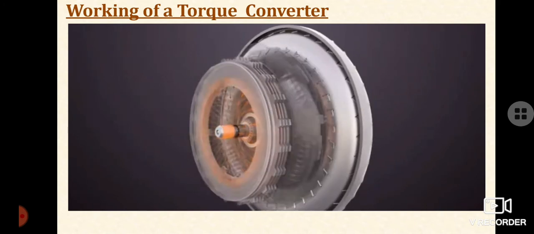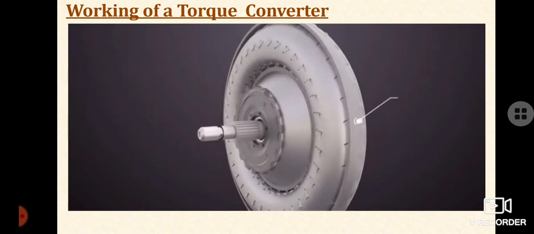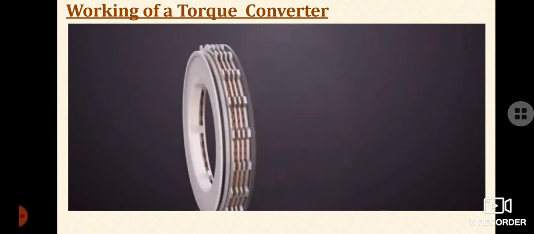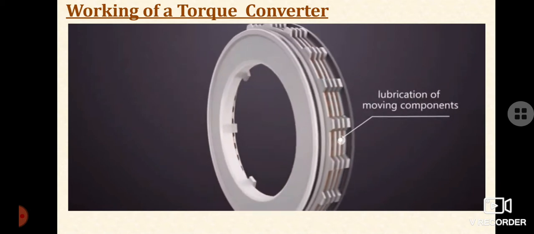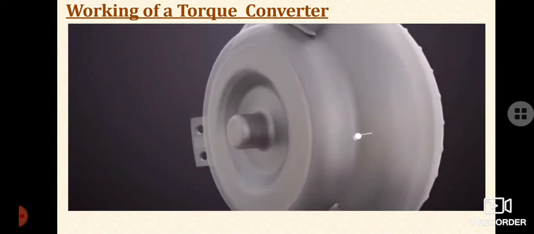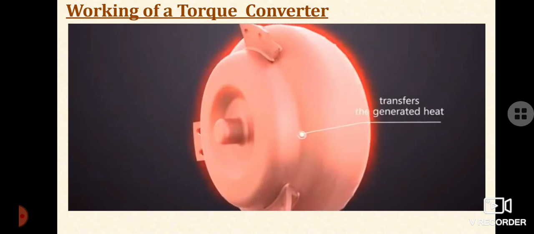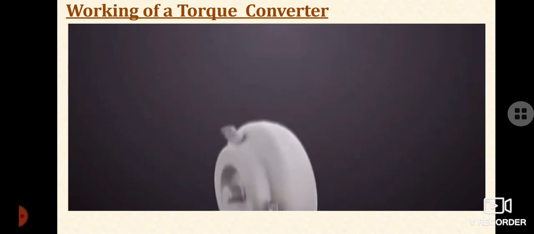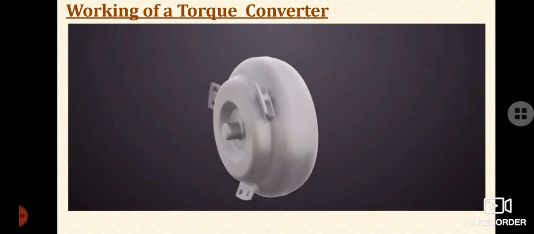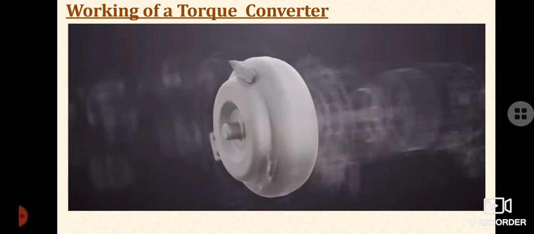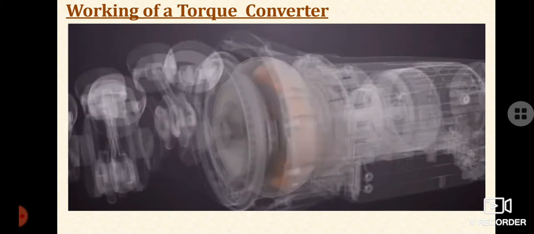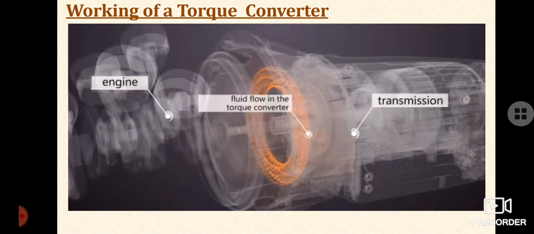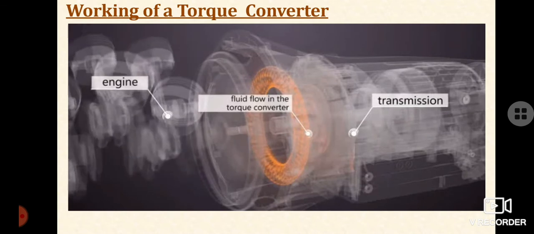The first fan keeps rotating. On the same principle, the torque converter works, and the impeller or pump acts as the first fan, which is connected to the engine, and the turbine acts as the second fan, which is connected to the transmission system. When the engine runs, it rotates the impeller and due to the centrifugal force, the oil inside the torque converter assembly is directed towards the turbine.